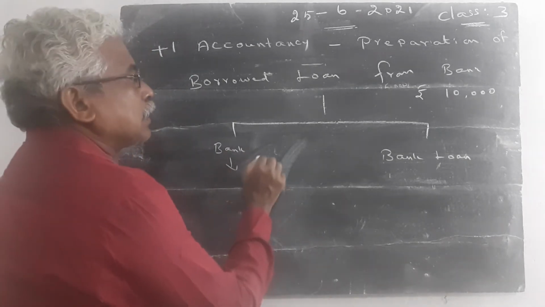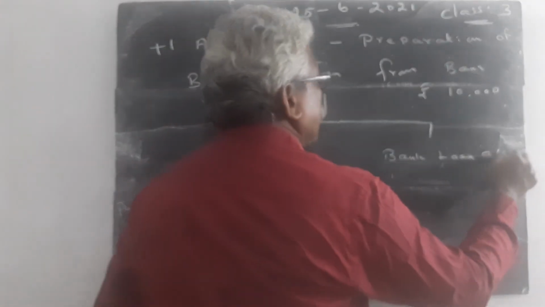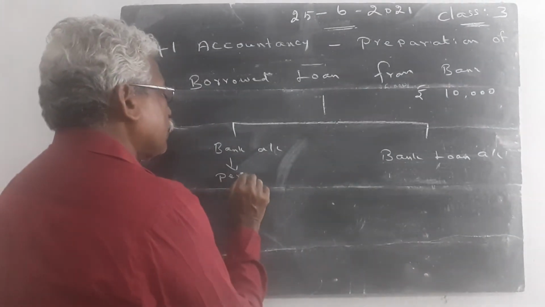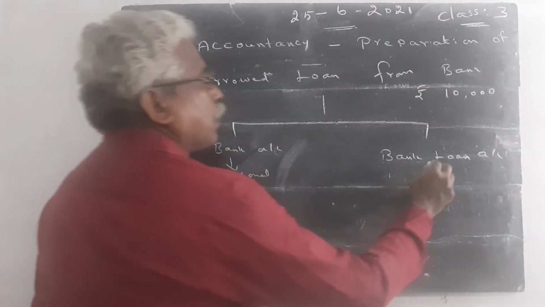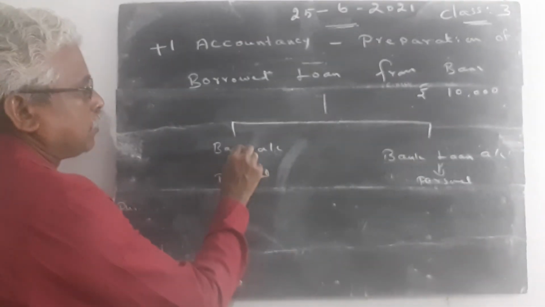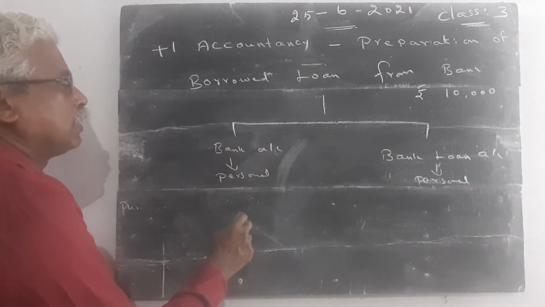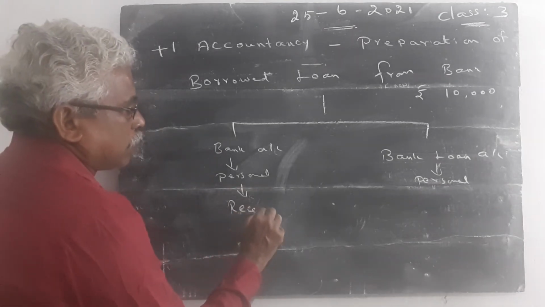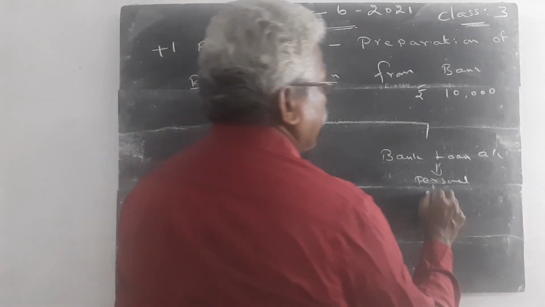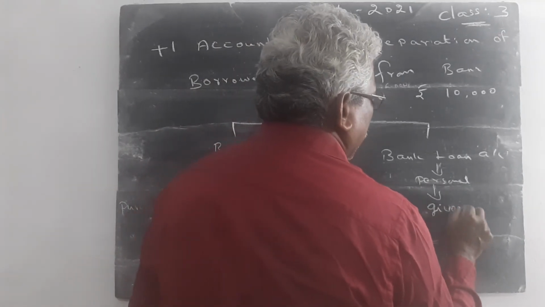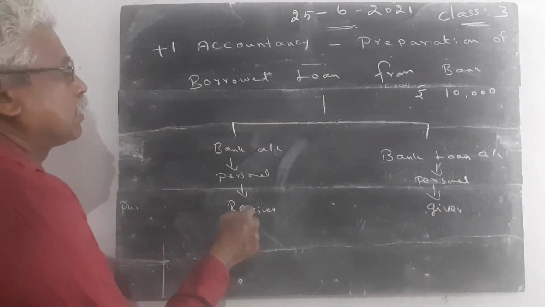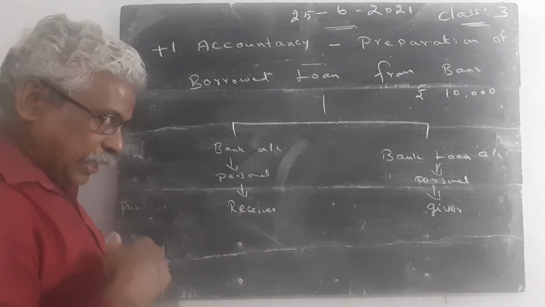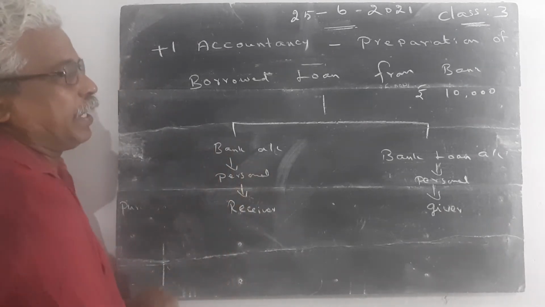Bank account is the personal account. Bank loan is also a personal account. Here, bank is the receiver. Bank loan is considered as a giver. On behalf of us, the bank received the money.